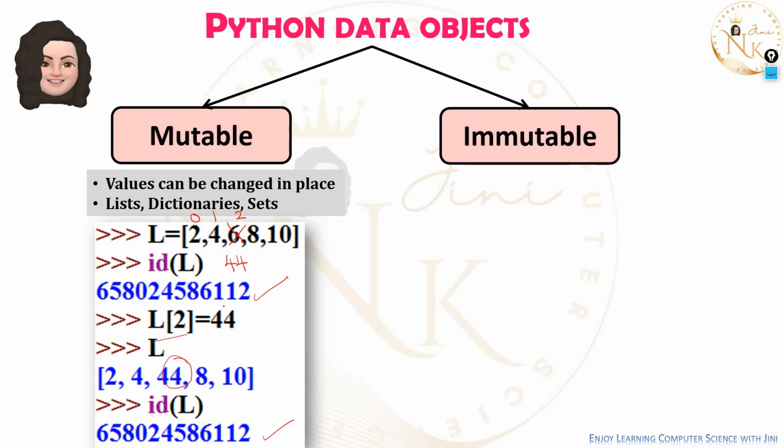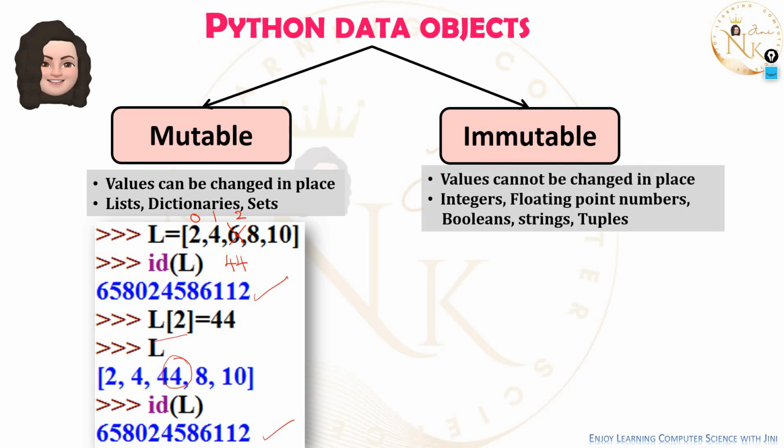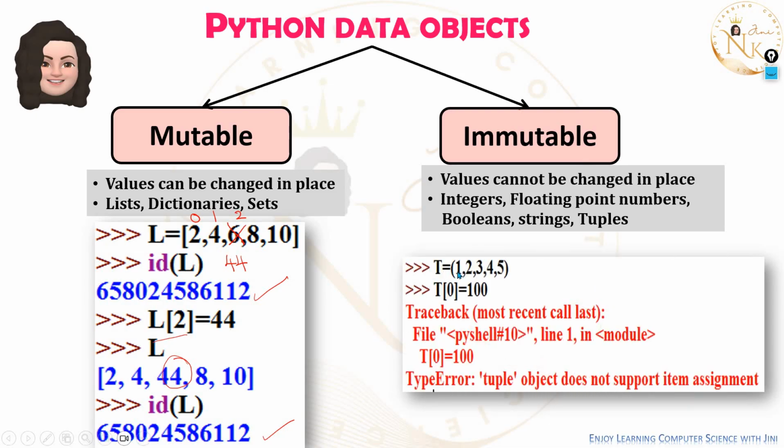Now let's see what is immutable. The opposite of mutable. Values cannot be changed in the same memory location. Examples: integers, floating point numbers, booleans, strings, tuples. So look at the example. I have given a tuple t = (1, 2, 3, 4, 5). t[0], what is 0? This is index 0.